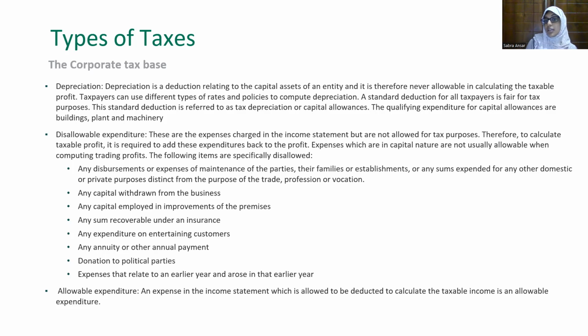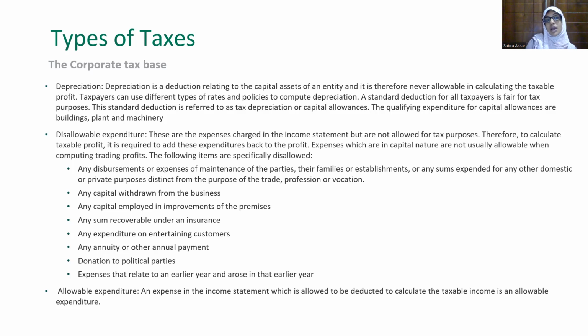And a standard deduction for all taxpayers is fixed for tax purposes. This standard deduction is referred to as a tax depreciation or the capital allowance. The qualifying expenditure for capital allowance could be buildings, plants, or even machinery.